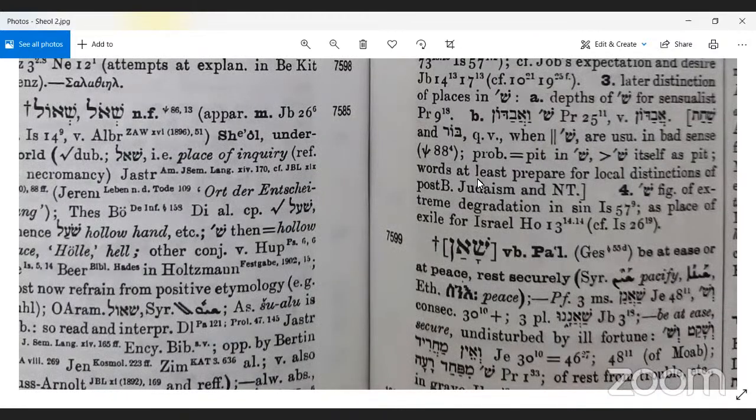Okay, so words at least prepare for local distinction of post-Babylonian Judaism, right? That means, of course, Judaism started allegedly after Babylonian captivity. Remember we did the video on that? Yes. The video with the long nose?